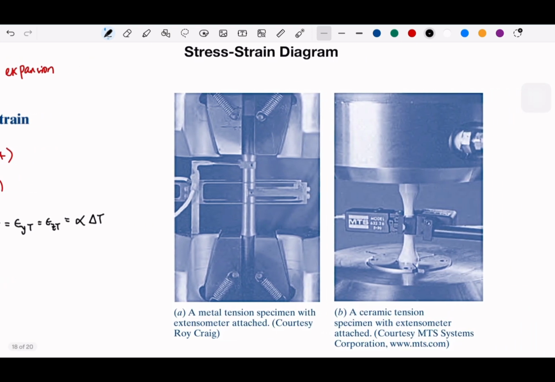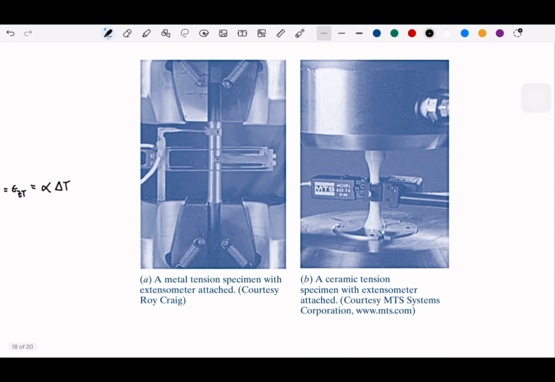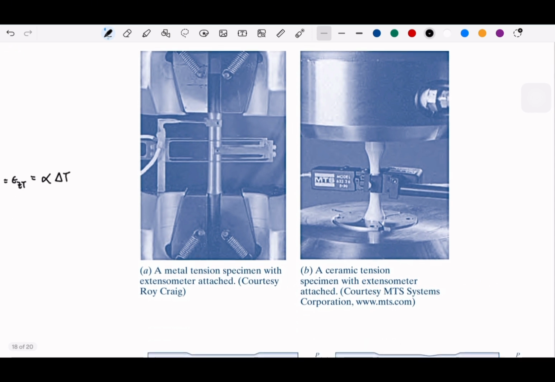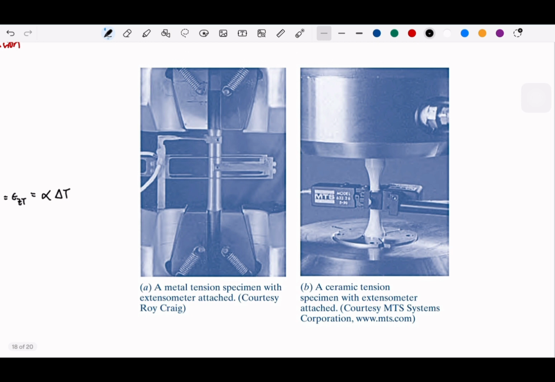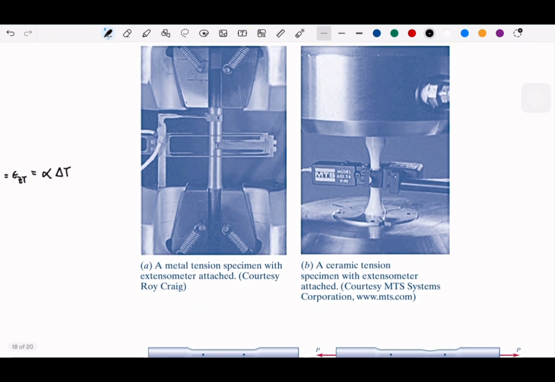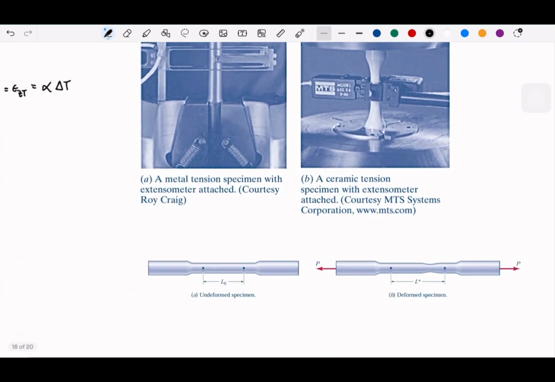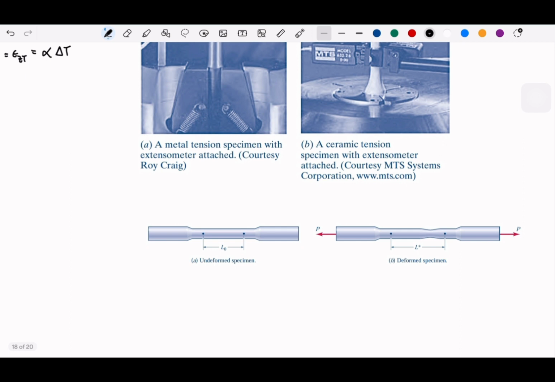Okay, so if you see here, this is the tension testing, for both metals and ceramics. If you haven't learned it before, this is the specimen for a typical tension test. If you are going to perform a tensile test, this is how you have your material, in this shape.